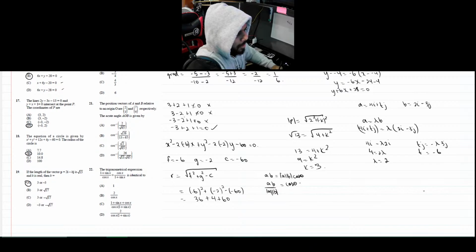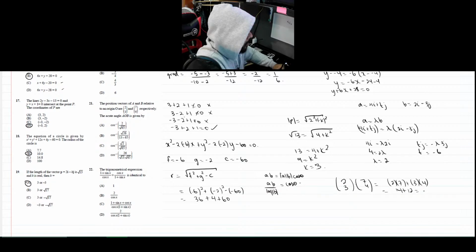Let me figure out what A dot B is. I dot my i's and I dot my j's. 2, 3 dotted with 7, 4. Multiply my i's, 2 by 7, and add it to the product of my j's, 3 by 4. That is 14 plus 12, which is equal to 26. So A dot B is 26. So D is my answer.